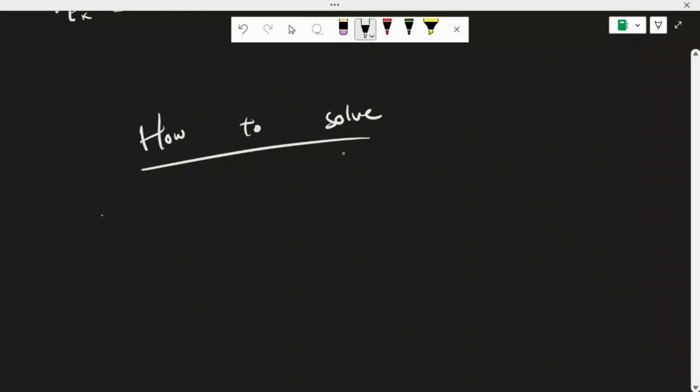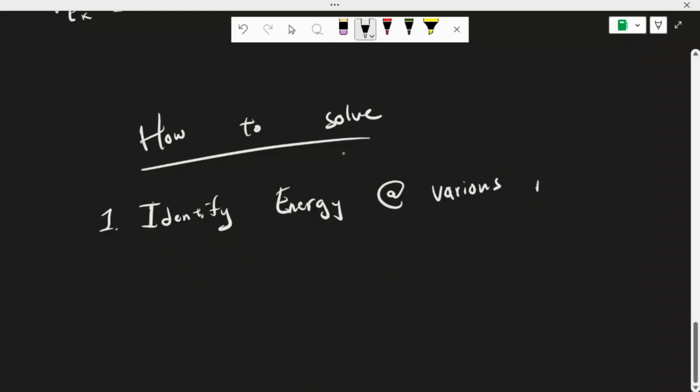How to solve. Step 1, identify the energy at various locations, but they have to be important. This will usually be beginning and end.